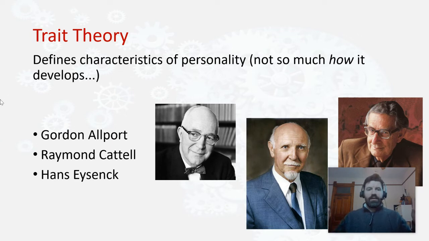You can kind of think of that as along the x-axis, and along the y-axis for Eysenck is going to be this spectrum between stable and unstable. And so think consistency. Day in and day out, do you know what to expect from this person's personality? Some people have a very stable personality, and it doesn't really matter the day. When you run into this person, you know what to expect.